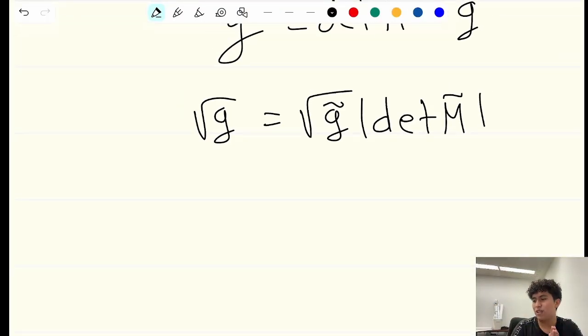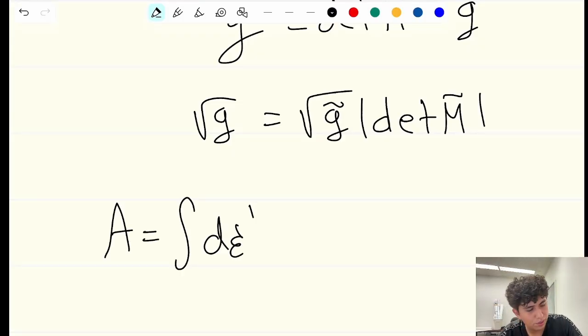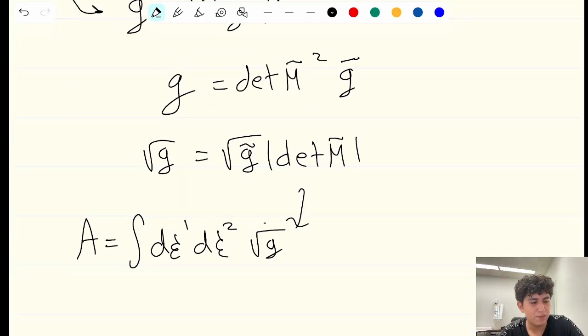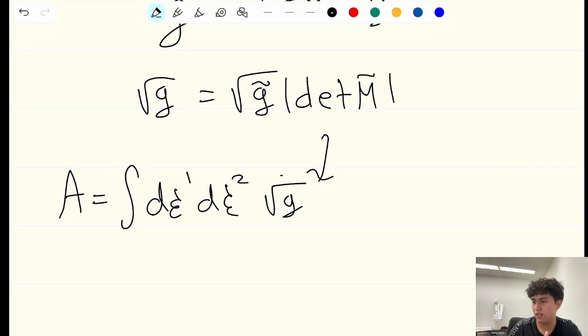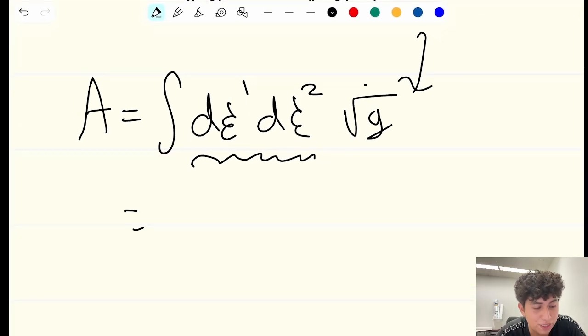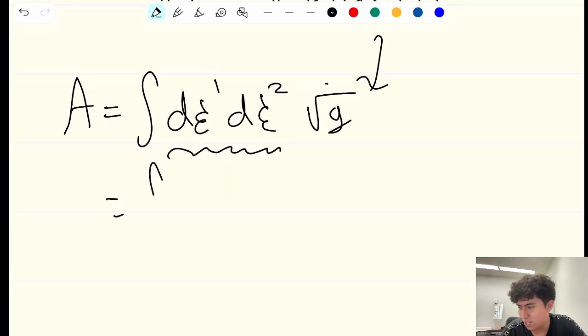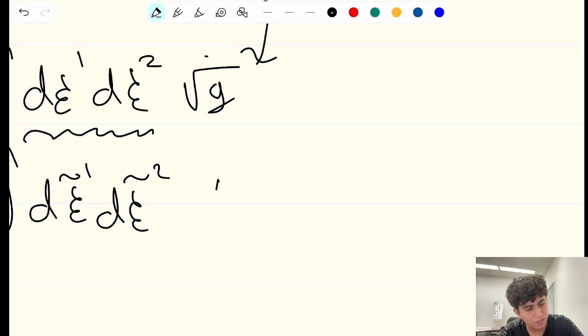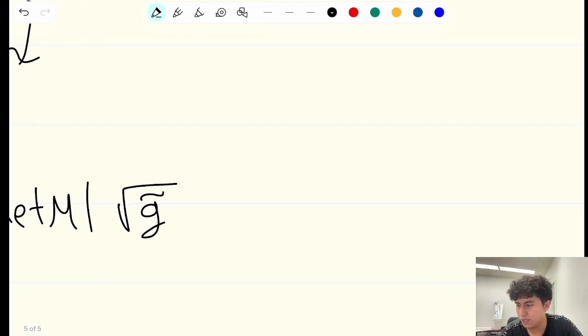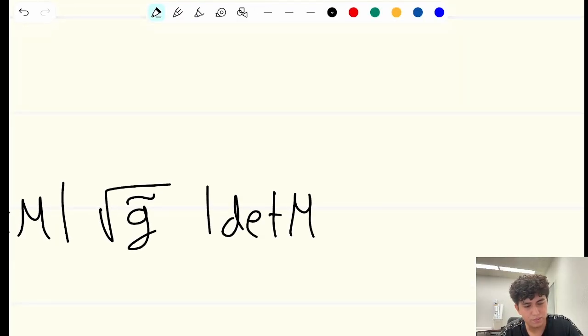Okay, cool. So now let me replace back in our formula for A. This was the original formula for A, with the parameters and the square root of G. We can replace the expression here, and also remember that we can make a change of variables using the Jacobian, which is another determinant of M. So what we're going to have at the end is the determinant of M, the square root of G tilde, and the determinant of M tilde.